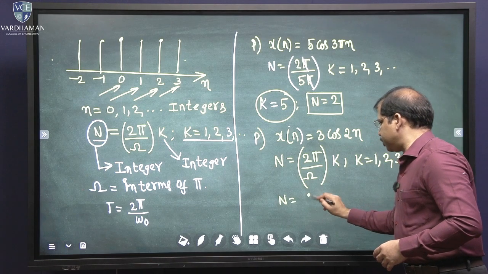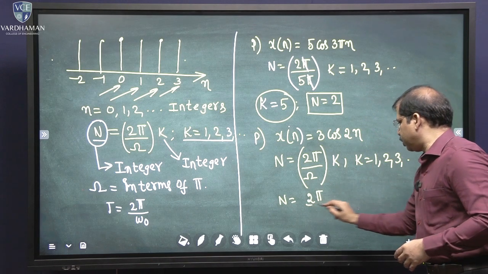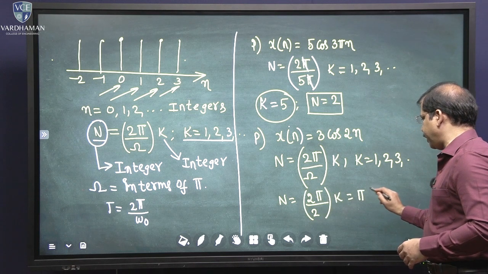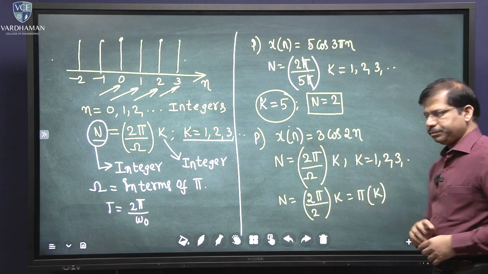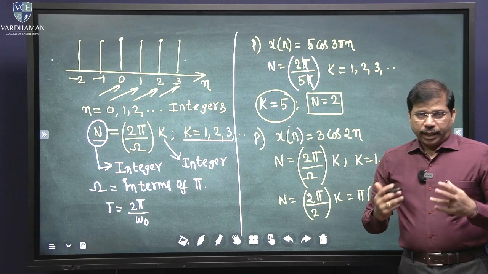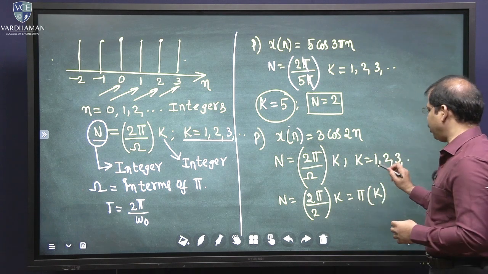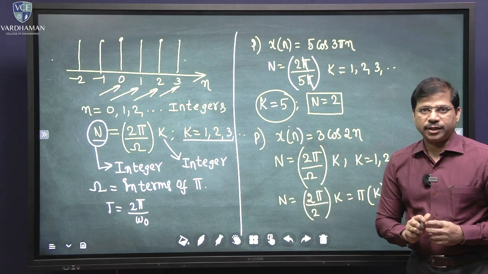Now N equals 2 pi by 2 into k, that is nothing but pi into k. Now the question is, do we have any value of k so that N becomes an integer here?